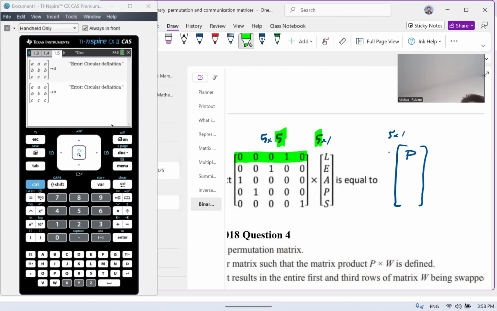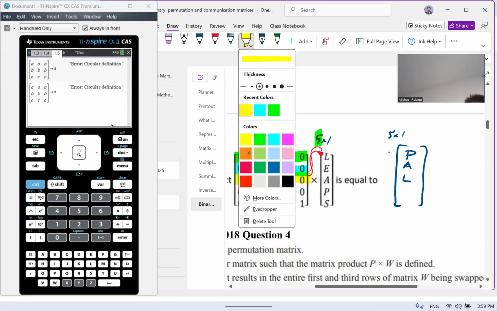Row 2, column 1. If we grabbed our car and drove it in, the 1 would be on top of the A. So it would be PA. If we then did row 3, column 1, and drove our car in, the 1 would match with the L. So it'd be PAL.